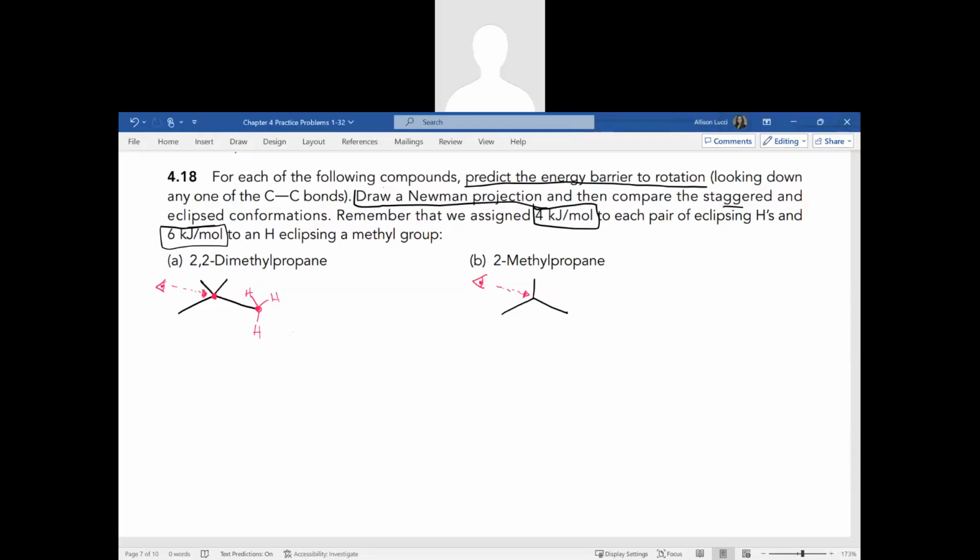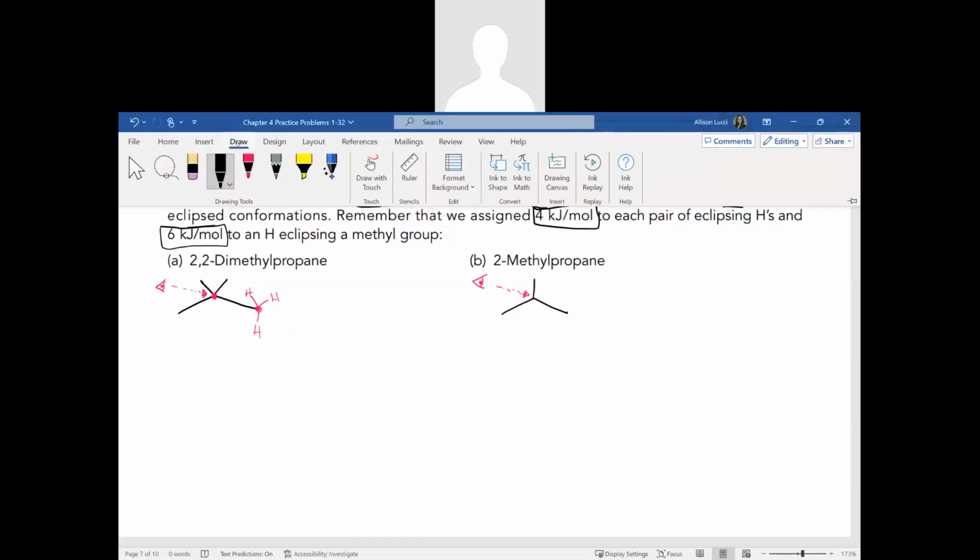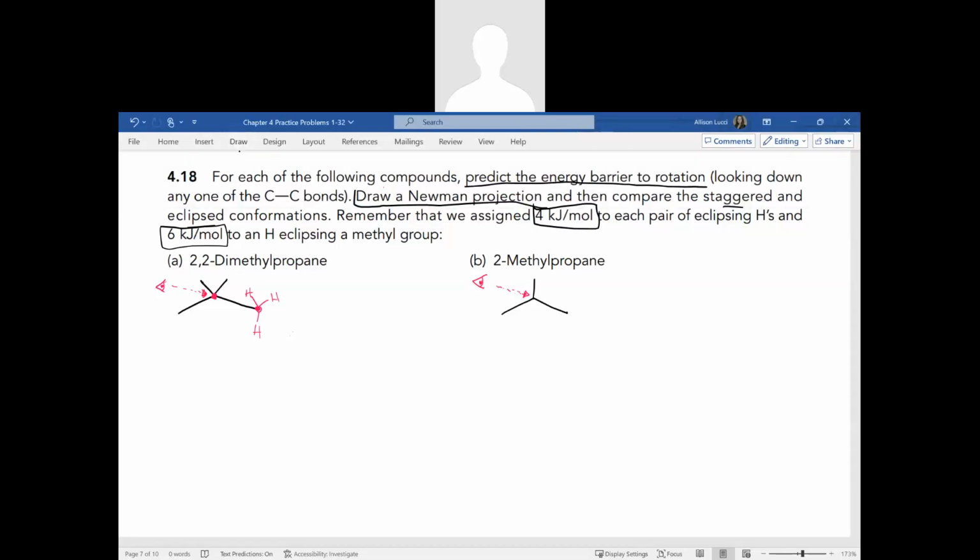If we draw the Newman projection in the eclipsed form, that is how we can predict our energy barrier. We have 2 methyl groups pointing up in the front on our front carbon, and then 1 methyl group pointing down on our back carbon.